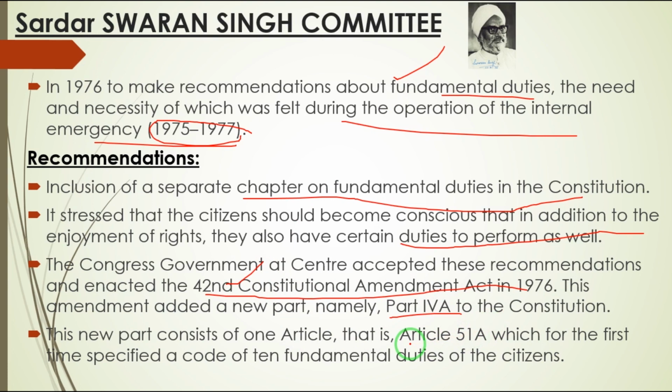Questions might be interlinked: Swaran Singh Committee, 42nd Constitutional Amendment and Part 4A of the Constitution. This new part consists of one article, that is 51A. So in this section we have four things to remember. Okay.